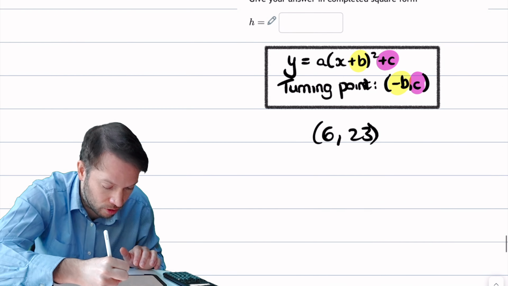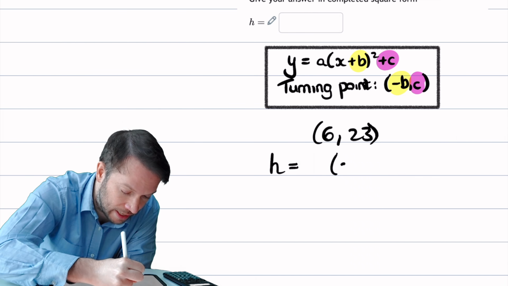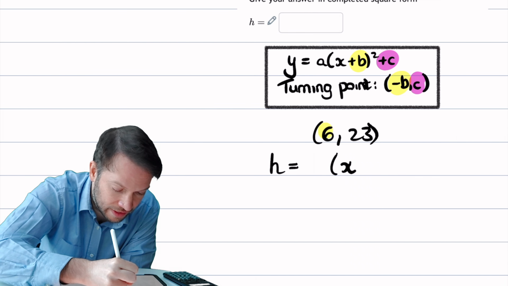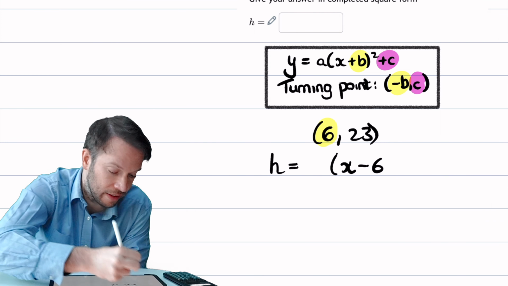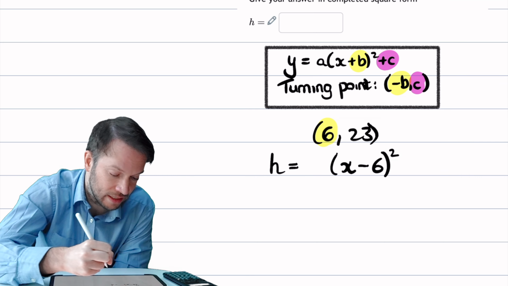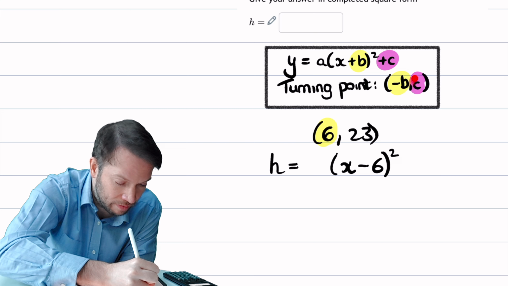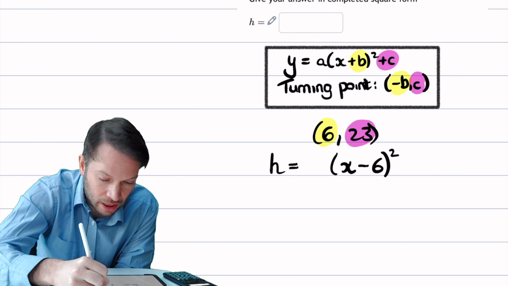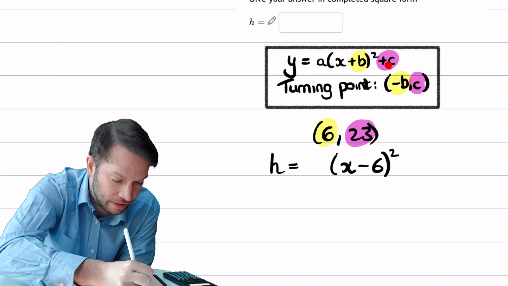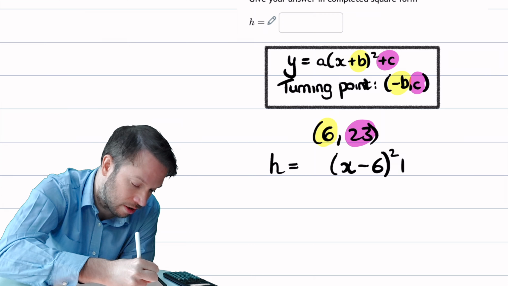So we've got h is equal to, and then we open a bracket, and we're going to negate this 6 to become -6, and that will be the value in our bracket there. Close the bracket, and we've got squared. And then we said that whatever this y value of our turning point is, we just use that as the value after the squared. So we're going to have plus 23 after it.